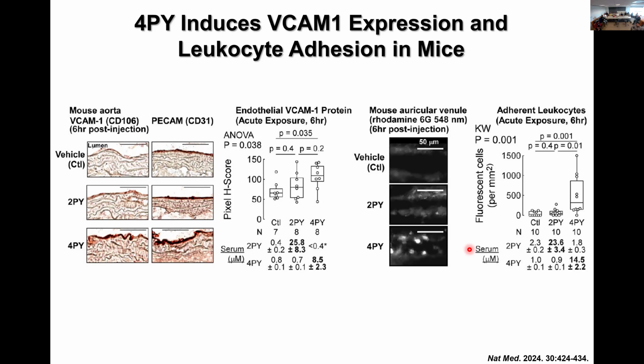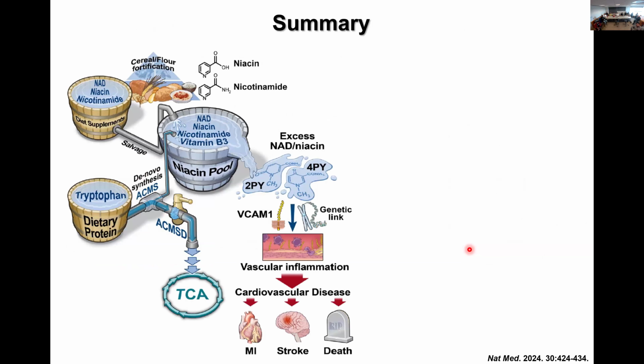Now, what does this mean in the end? Well, here's what we have. We have dietary tryptophan that goes in, and this is Stan's figure where he's got a plumbing picture. You've got this bucket of tryptophan coming in from the diet, and you can go through the ACMS. If you block the ACMSD valve through genetics, you're going to take ACMS and dump it into the nicotinamide pool.